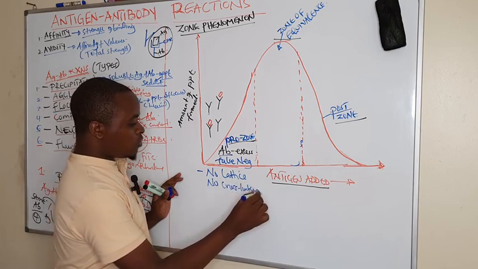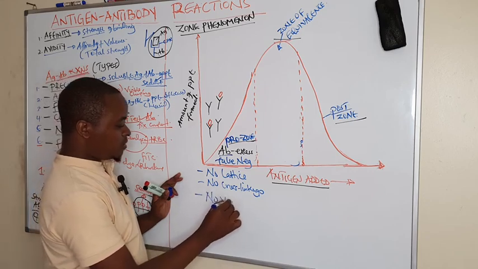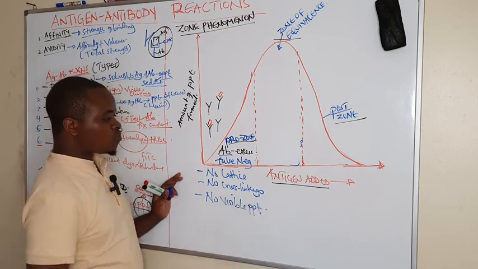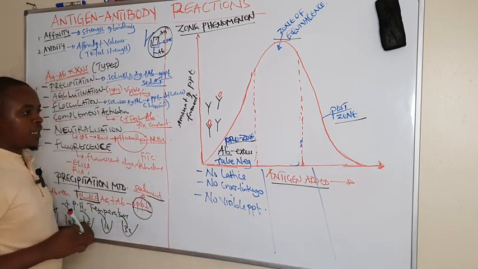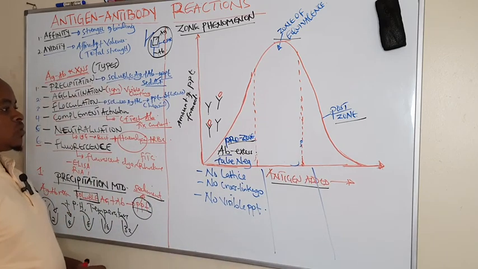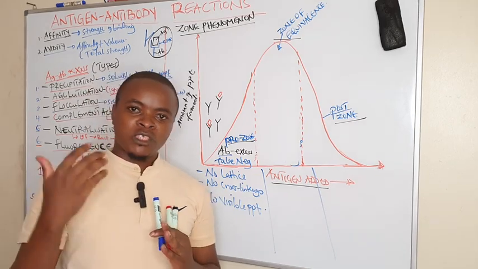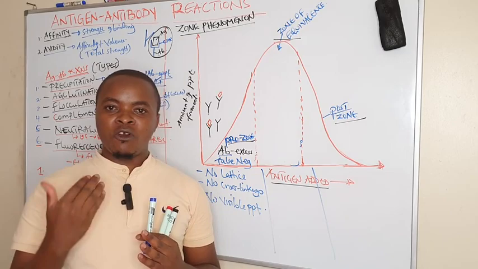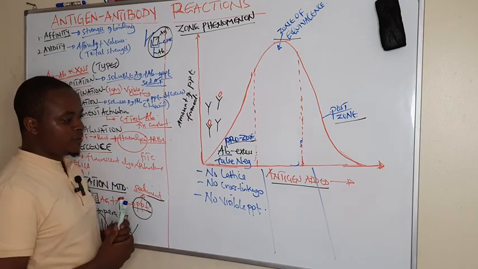And because there is no cross-linkage, there will be no visible precipitants. That is under prozone. So this enables us to know that in case we add a little amount of antigen, in rapid diagnostic kits, we can easily get what we call false negative.